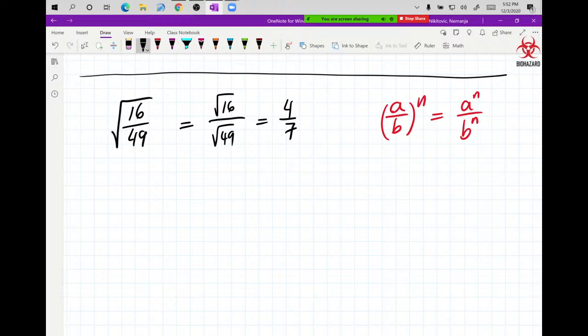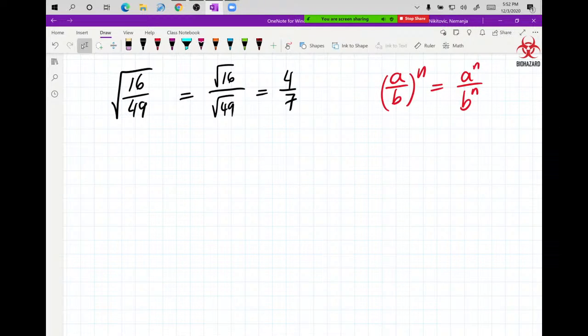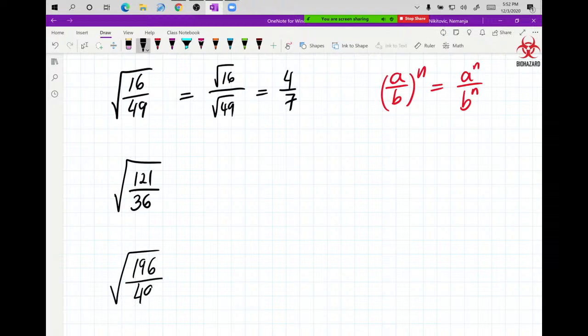So let's take a look. I'm going to put maybe 2 fractions, that's enough: 121 over 36 and 196 over 49. Let's see what you get when you solve these.